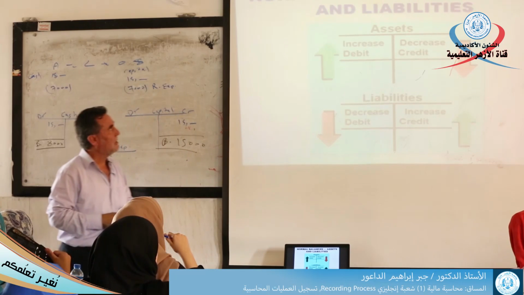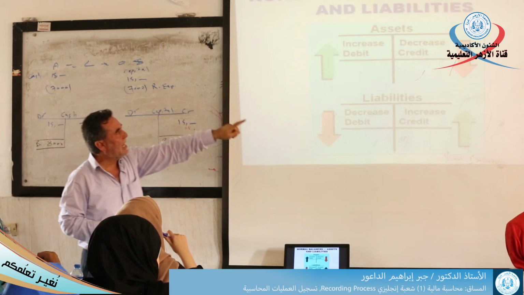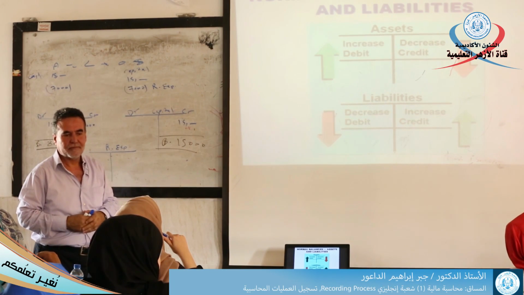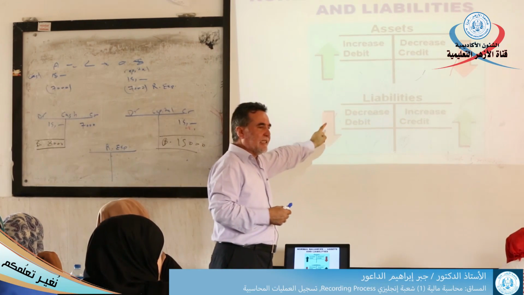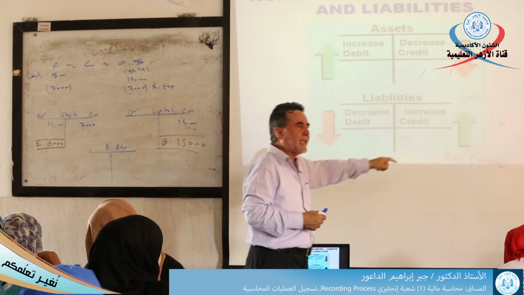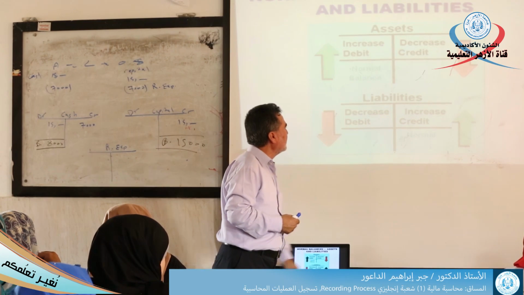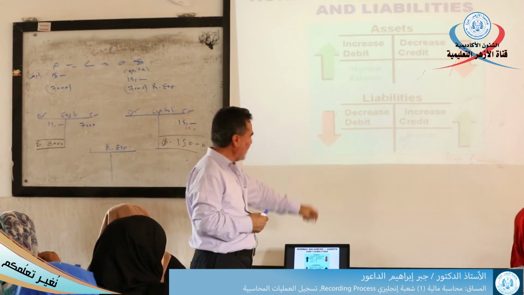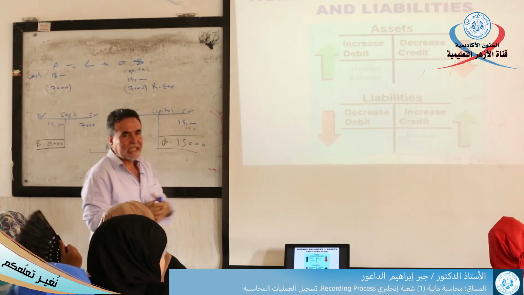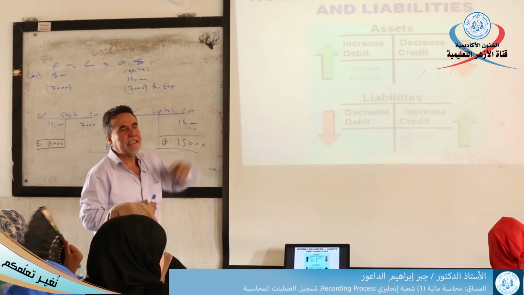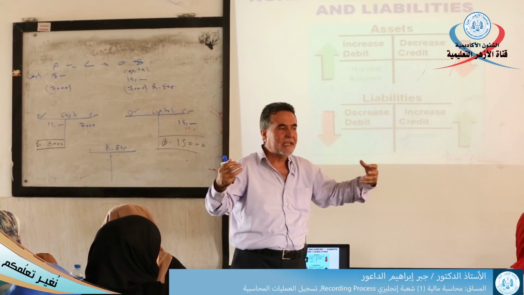Look here, assets increase debit, decrease credit, whereas liabilities decrease debit, increase credit. بالتالي increase, normal balance in assets is debit, whereas in liabilities normal balance is credit.